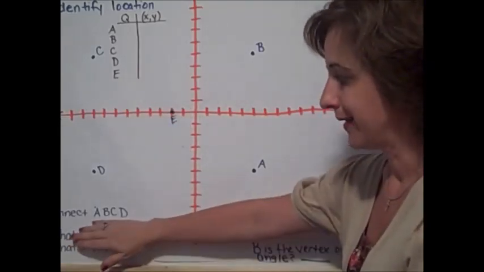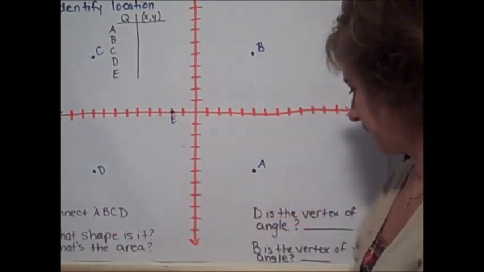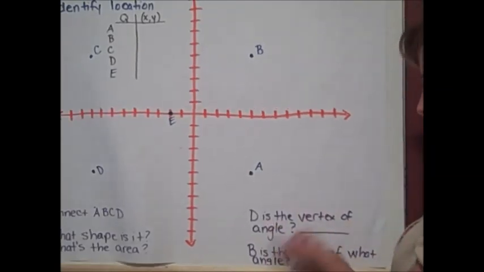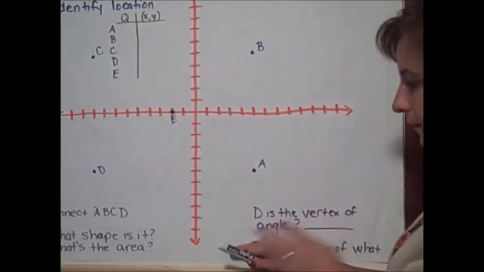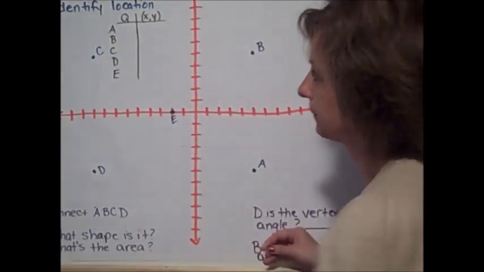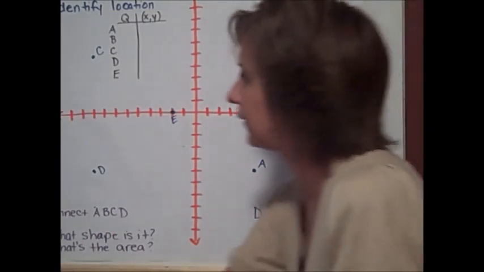Then we are asked to connect A, B, C, and D, figure out what shape it is, calculate the area, and then identify that D is the vertex of what angle. So there's a lot of things that we can do with this Cartesian grid. Let's start by first identifying the location of the given points.